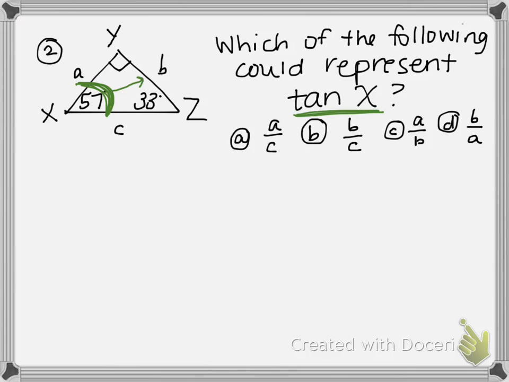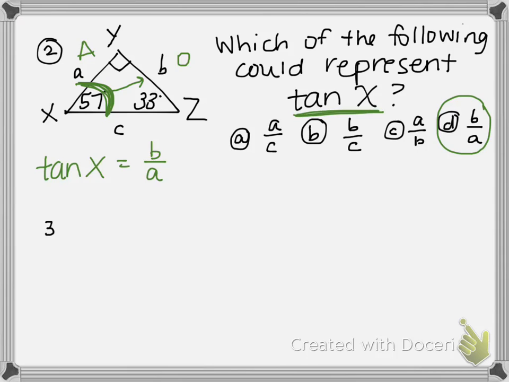So this is our opposite, this is our adjacent. So we know that tangent of X is going to equal B over A, which is D. So you might want to always check and make sure that you are using the correct side lengths and not using the hypotenuse when you should be using the adjacent.